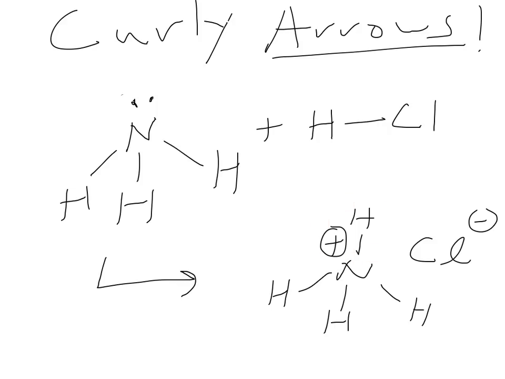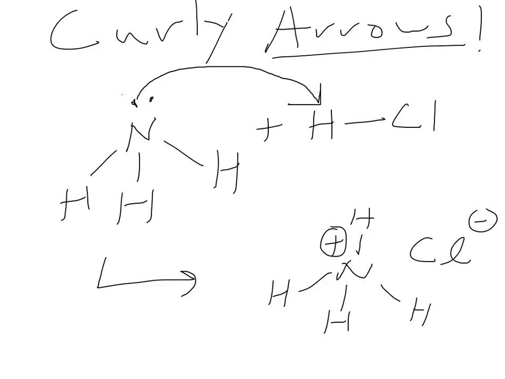That's the new bond. So we need to take the arrows and show how that bond got formed. The way to do that is to take the electron-rich part, which is the lone pair, and make a bond with hydrogen, like that. So the electrons are going to that hydrogen.